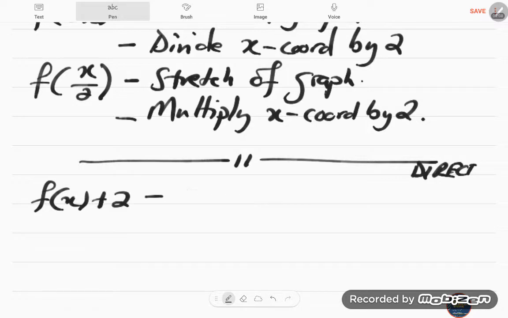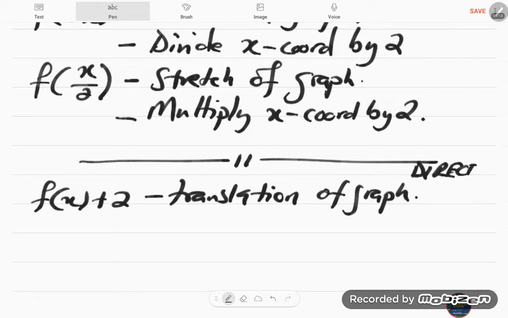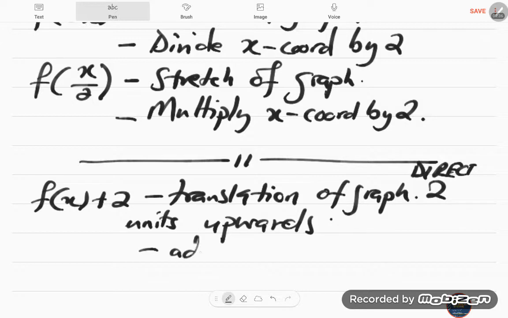So the cases we're going to look at, plus 2, because it's a plus, it's going to be a translation of graph, and because it's direct, it means that what happens with the plus 2 is that we're going to add a 2 to the coordinates, but this one affects the y, if you remember. So it's a translation of the graph, 2 units upwards. So in effect, what we're doing is we're adding 2 to y coordinates.